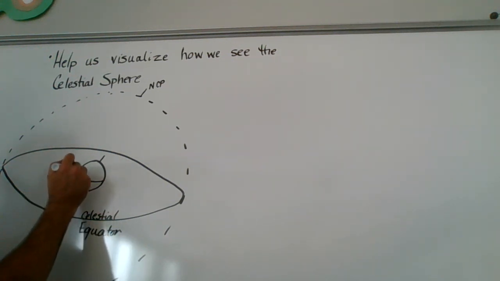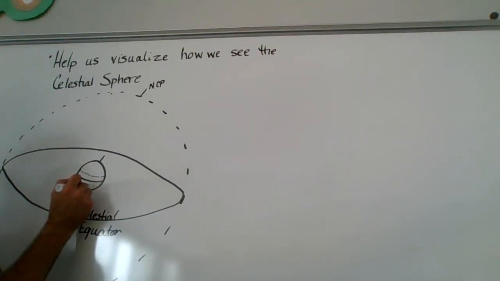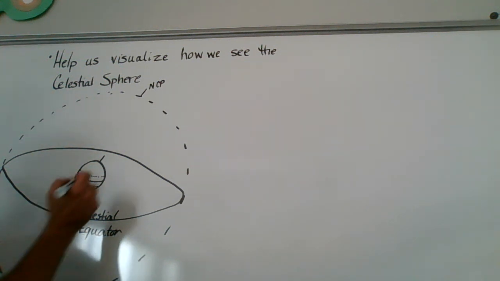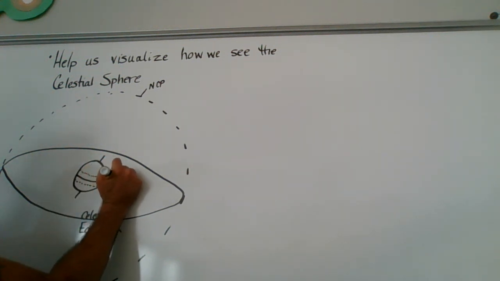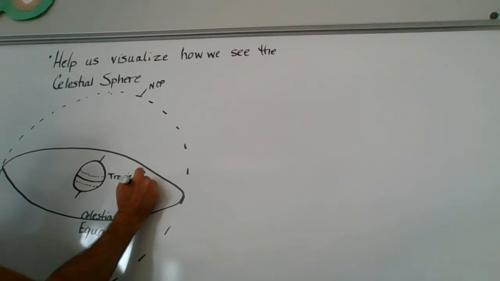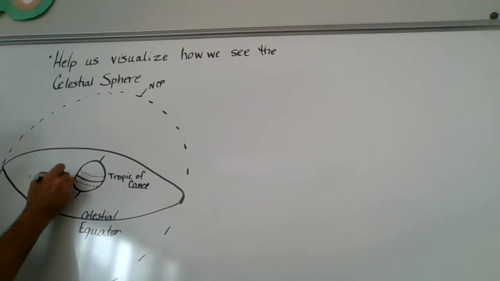And then, if you remember this from geography, there are two other lines that are really important to us. And that's the Tropic of Cancer in the northern hemisphere and the Tropic of Capricorn located in the southern hemisphere.